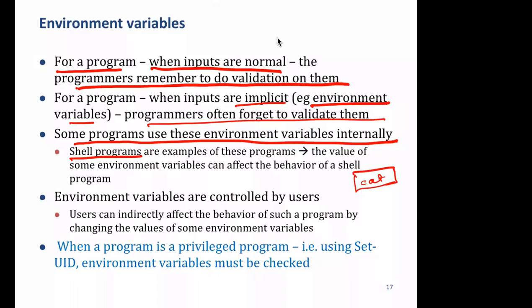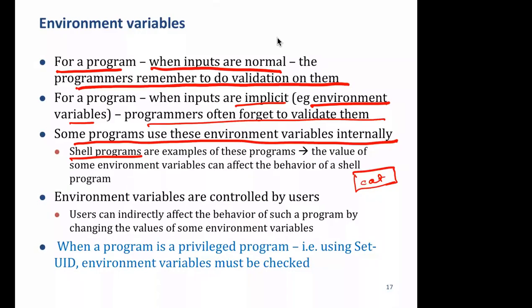The knowledge about in which directory this cat program is kept comes from the path. The path gives a list of directories, so it will search directories in a particular order, and as soon as it gets the cat, it executes that.